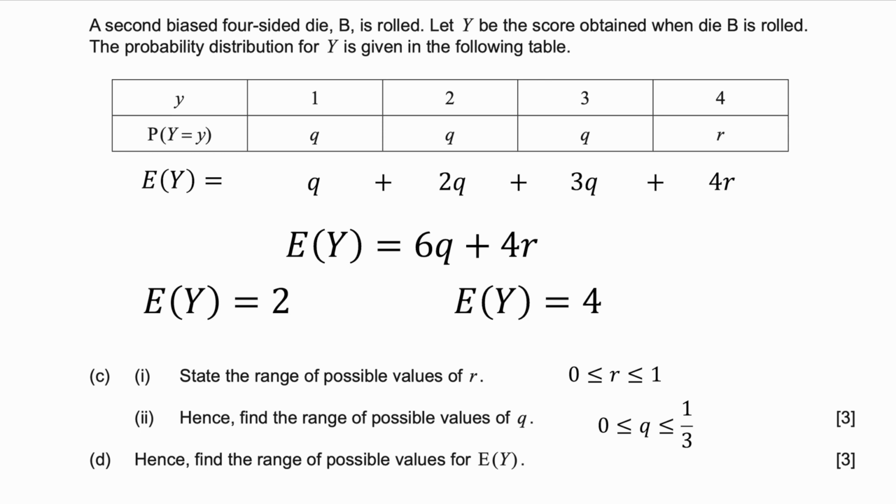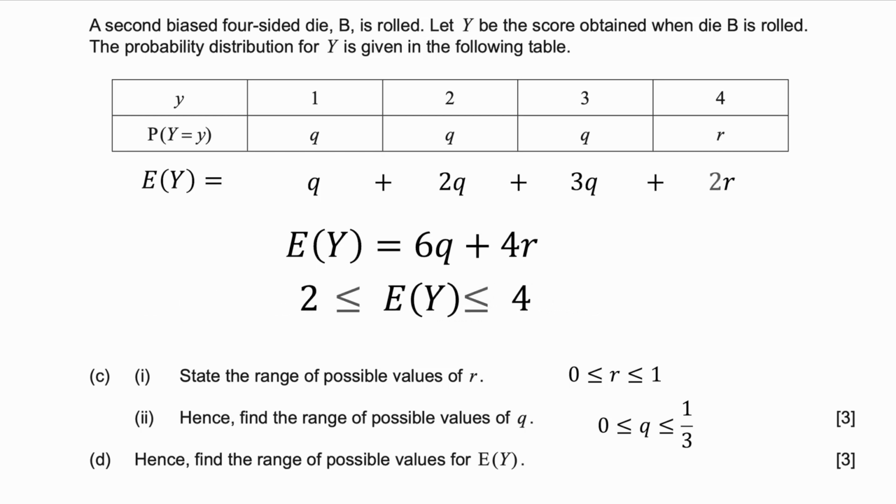And I just need to emphasize here, the reason I chose 0 and a third as one combination is that is the combination I added to make the full probability of 1, and 1 and 0 is another combination that also added to make a full probability of 1. When I substitute those in, I get E of Y is 2, E of Y is 4. And therefore E of Y is between 2 and 4. 2 is less than or equal to E of Y, is less than or equal to 4. Done.